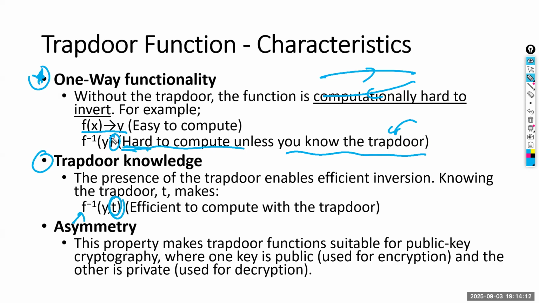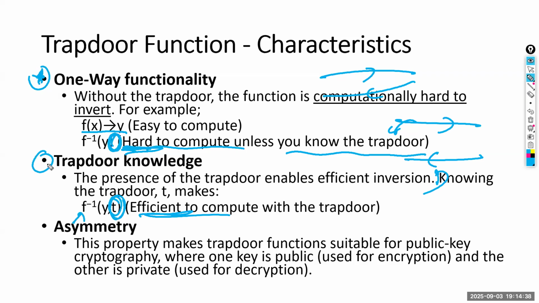Without that additional information, hard. With that additional information, that is your private key basically, it's easy and efficient. So it's one way, but the other way is possible if you have that additional piece of information. It's not impossible, but without it, it's near impossible.